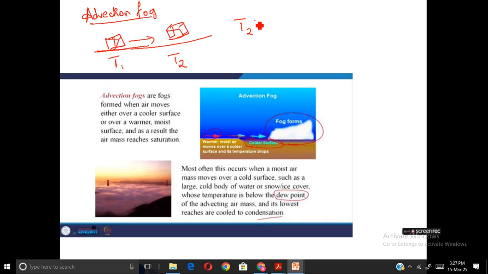Suppose T2 is less than T1. As the parcel moves above a colder surface and the temperature lowers, if that temperature T2 is equal to the dew point temperature of the parcel, then again the parcel will become saturated and condensation occurs. So this generally occurs when air parcels move over a colder surface.